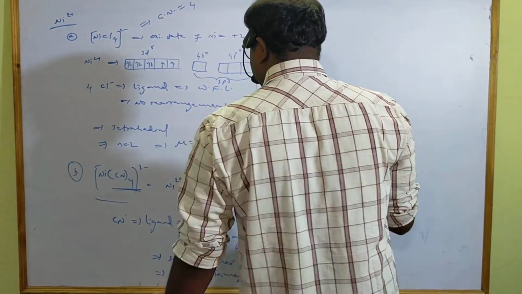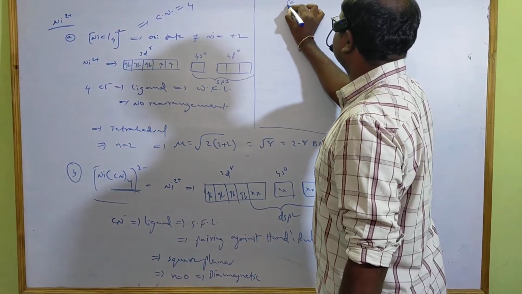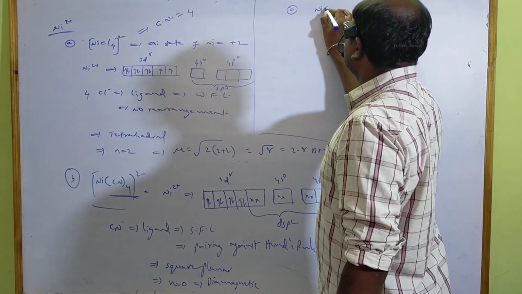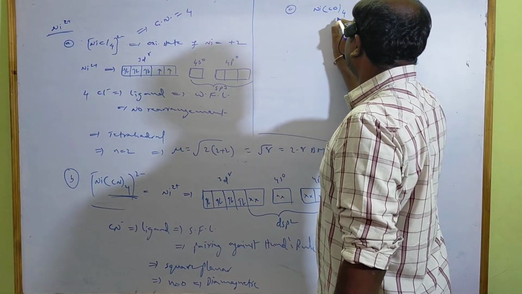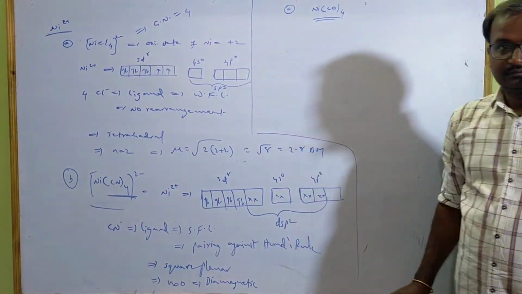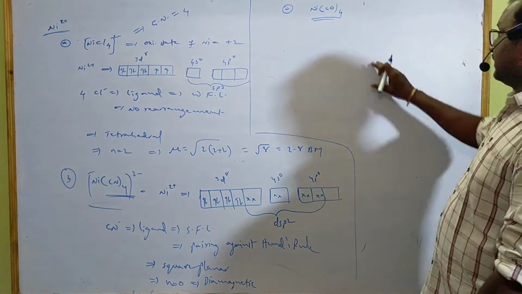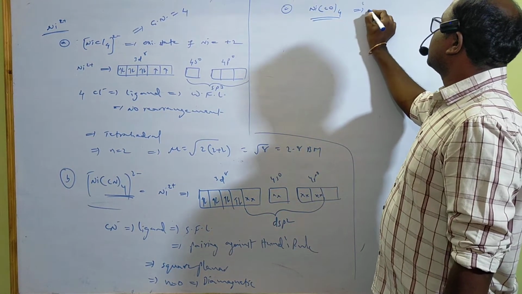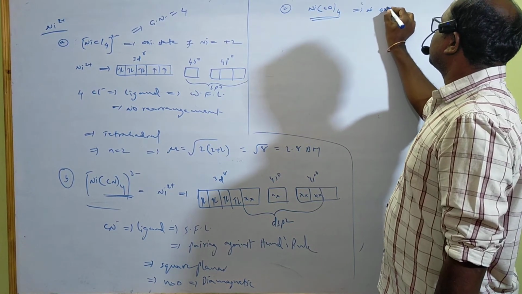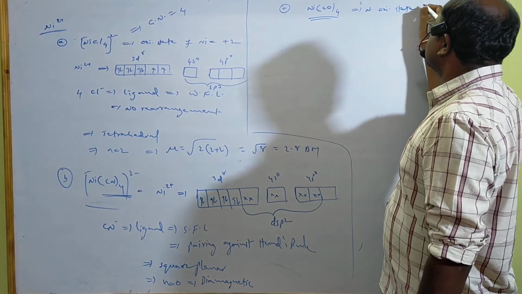And next, the third one, C, Ni(CO)4. It is exceptional. Mostly the question will come from this. Here, nickel oxidation state is 0 because CO is neutral.